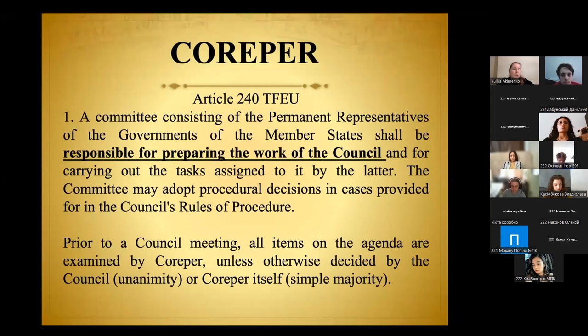According to Article 240, Treaty on the Functioning of the European Union, a committee consisting of the permanent representatives of the governments of the member states shall be responsible for preparing the work of the Council and for carrying out the tasks assigned to it by the latter. The committee may adopt procedural decisions in cases provided for in the Council's rules of procedure. But as on the previous slide, we know that COREPER, this Committee of Permanent Representatives, actually doesn't have the power to adopt any laws.